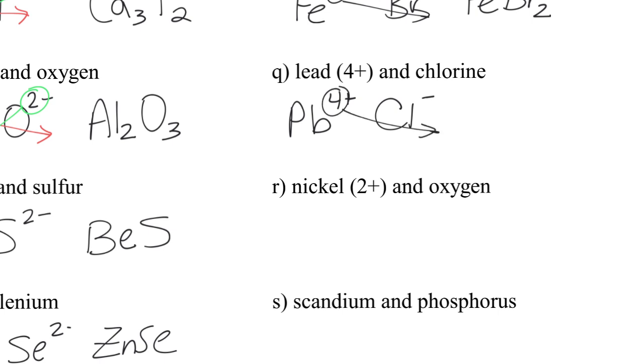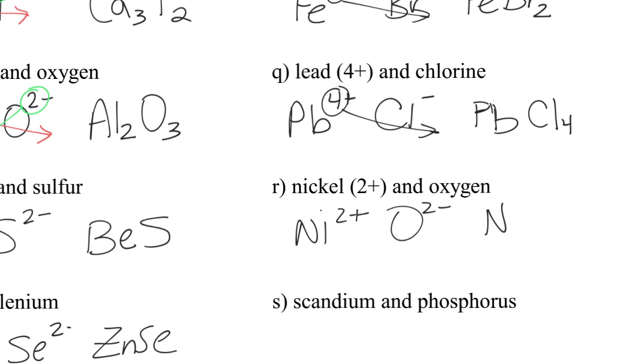Put the 4 over there. We got Pb, and then Cl4. Okay, nickel with its 2 plus, oxygen with its 2 minus is NiO.